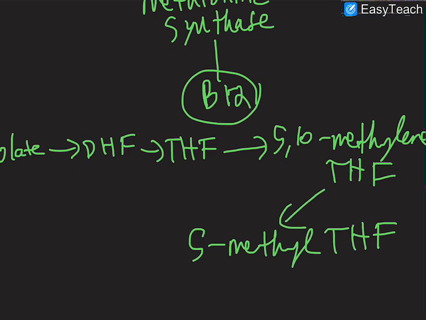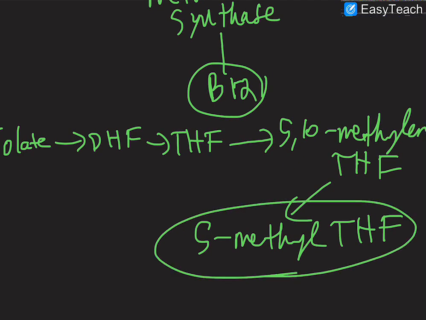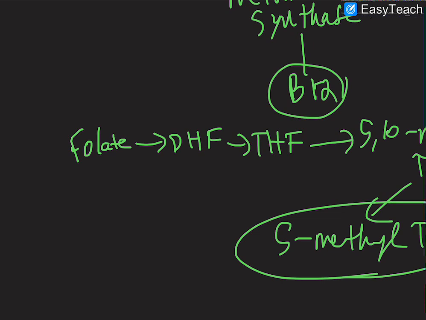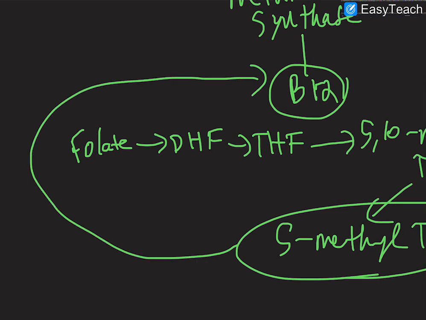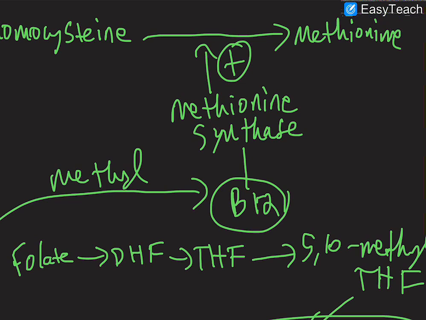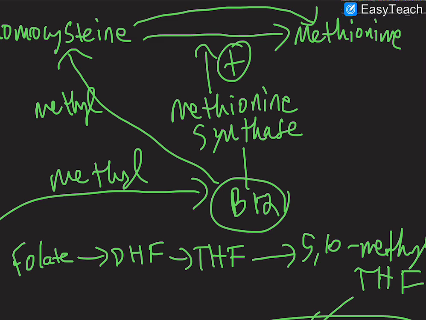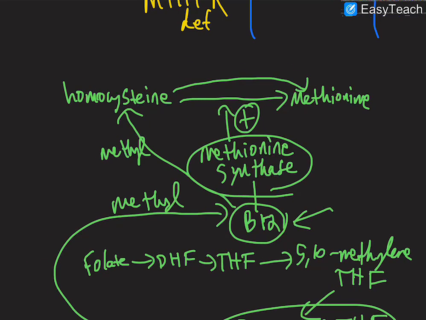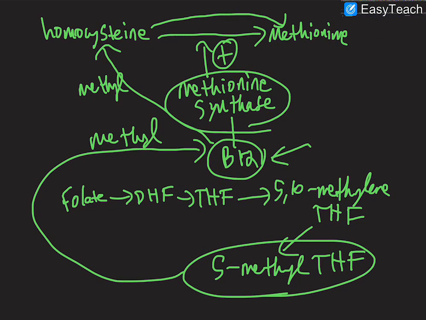And 5-methyl tetrahydrofolate gives its methyl group, right? So let's draw it right here like this, gives its methyl group to B12. B12 gives that methyl group to homocysteine, and then homocysteine gets converted to methionine, okay, via methionine synthase, who also needs B12 to function. So we have that pathway clear, right?